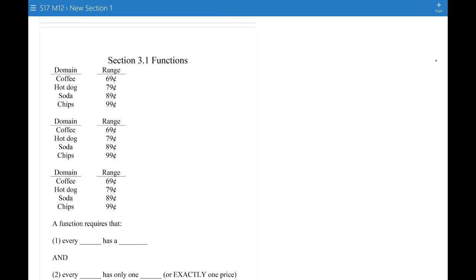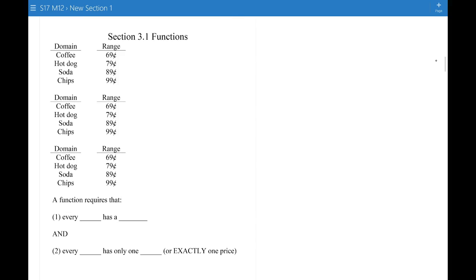So this is my favorite example for talking about functions, where we have a pricing relation where we say, here's the item and here's its price. And a function requires that every item has a price and every item has only one price. So you can say both of those at the same time by saying each item has exactly one price.